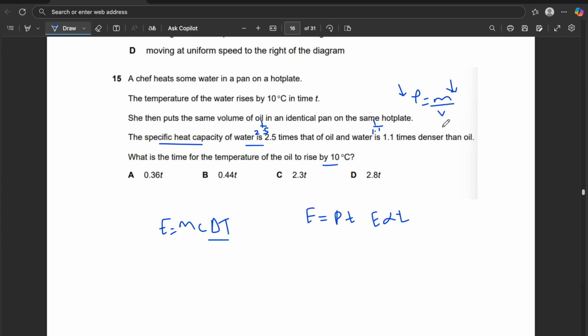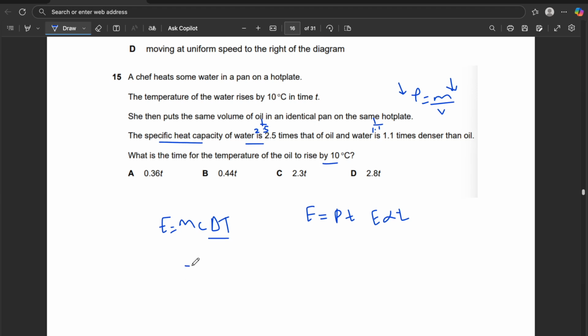So the mass of the oil will be 1 by 1.1 of water, and specific heat capacity of oil will be 1 by 2.5 of water. So we just need this, right? So 1 by 1.1, this is a ratio, and the energy obtained will be this much of water.